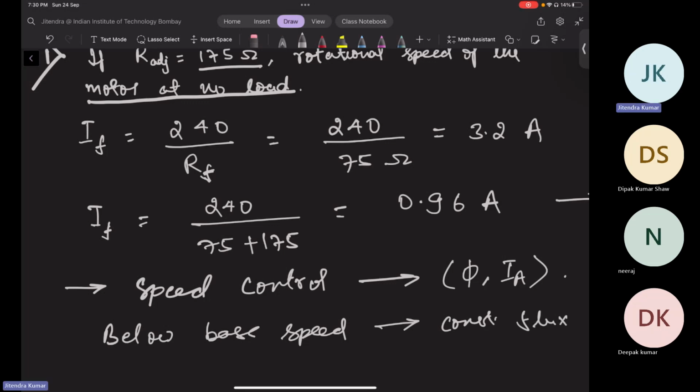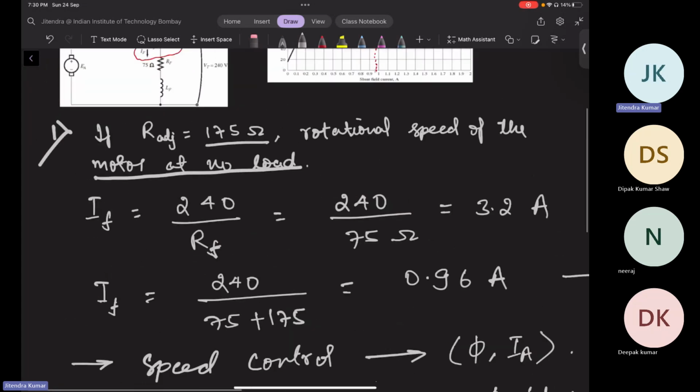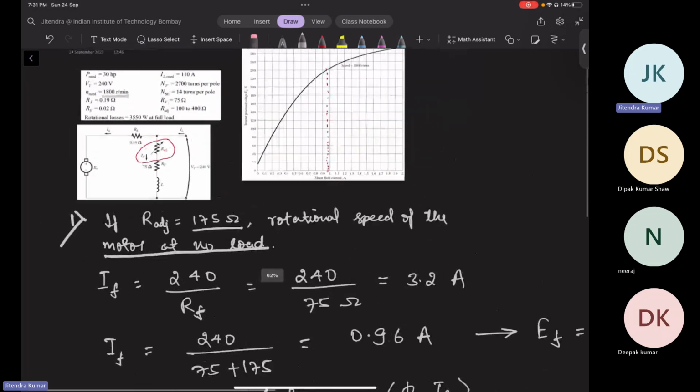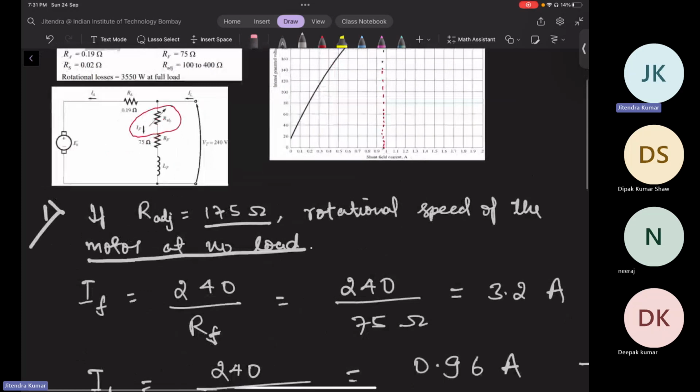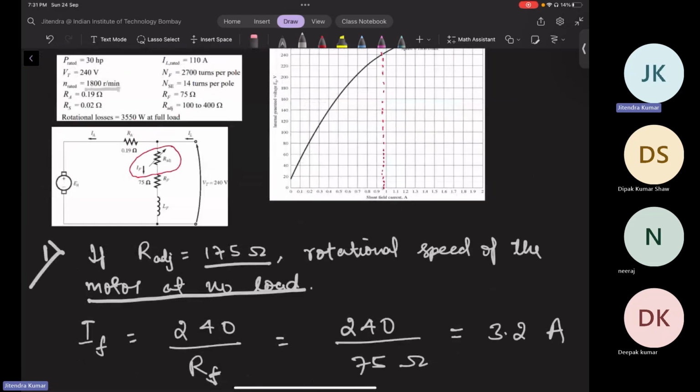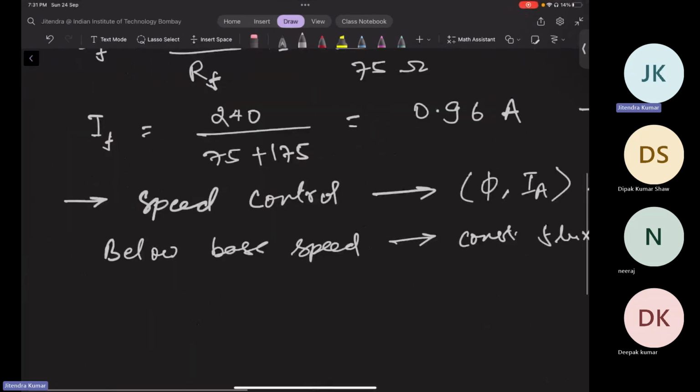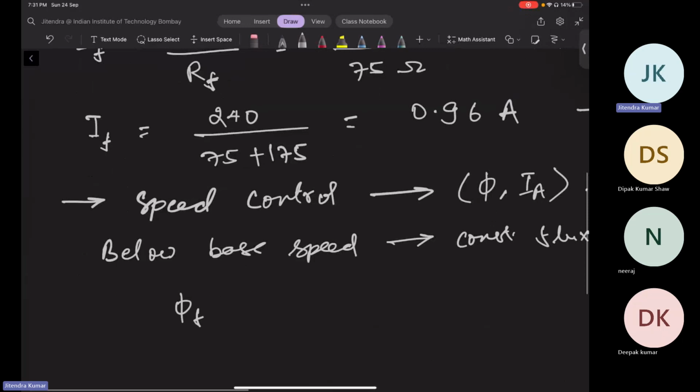But since you are reducing the flux below base speed, it means you will not be able to utilize all your voltage. So here we are reducing the flux or field current directly. So phi f is nothing but equal to K IF.